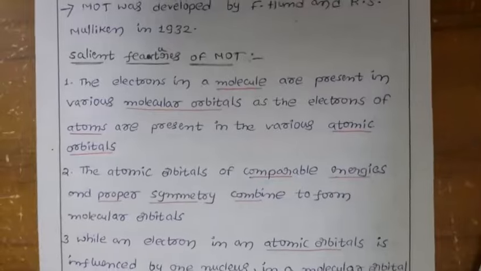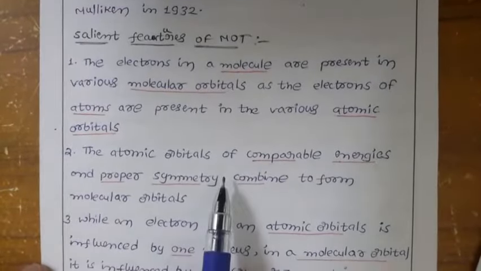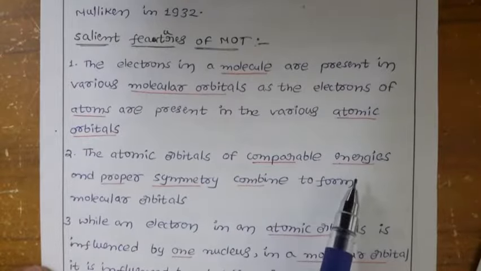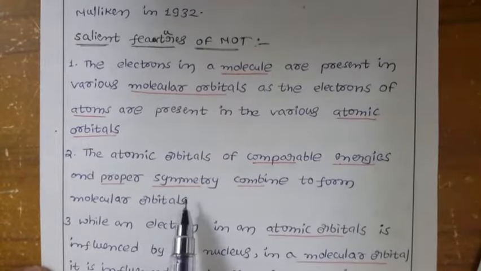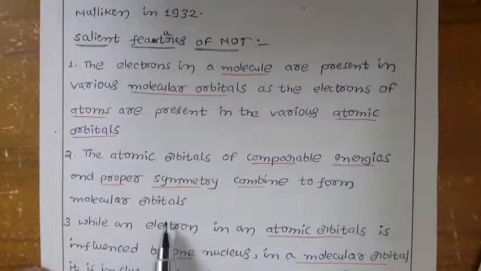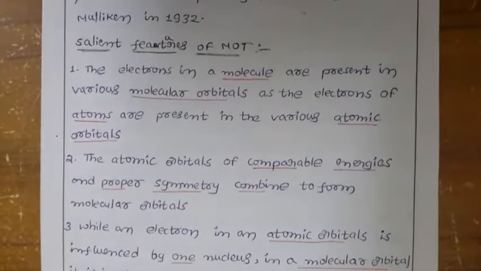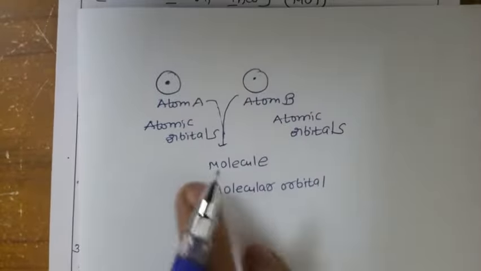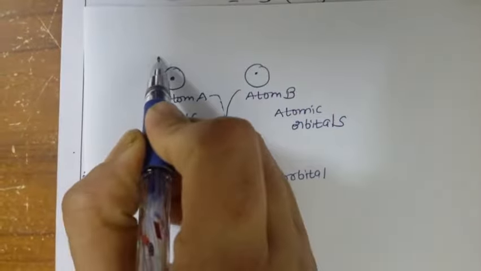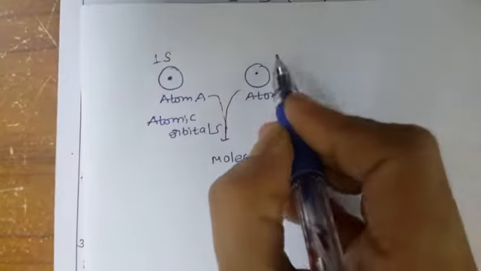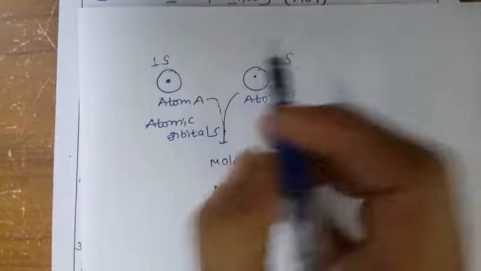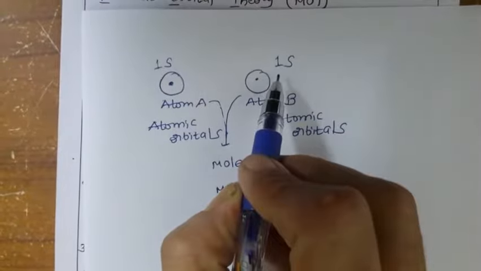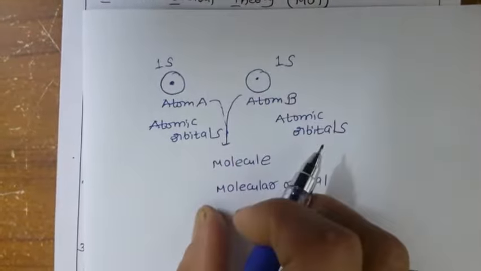Now, the second point: the atomic orbitals of comparable energies and proper symmetry combine to form molecular orbitals. For example, a 1s orbital can combine only with a 1s orbital of another atom to give a molecular orbital.